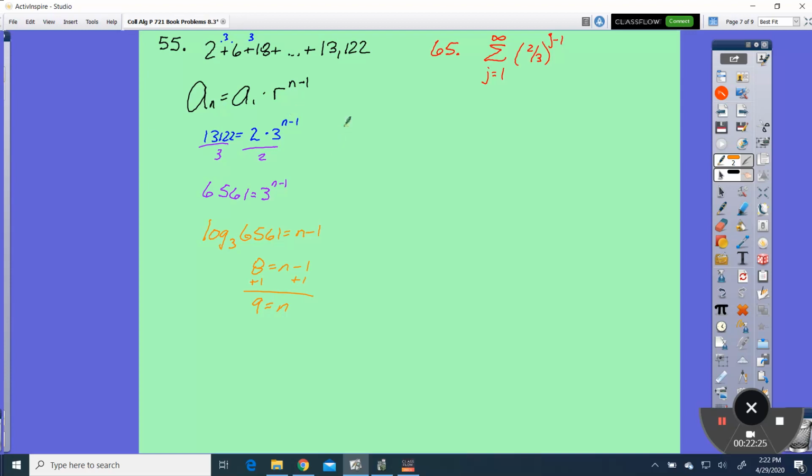Okay? The reason that's important is now I can do this. X equals 1 to 9. Then my formula, my first term is 2 times r, which is 3 to the n minus 1. Now I can just type that right into my calculator.